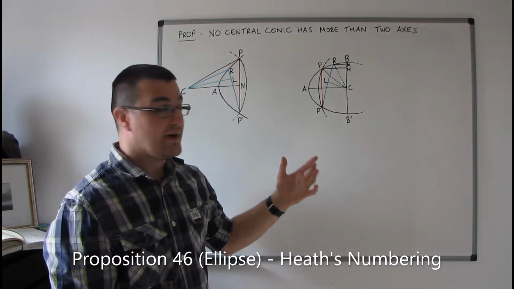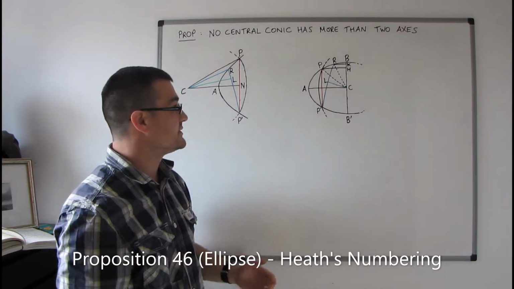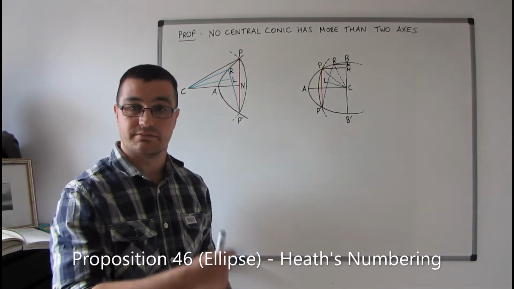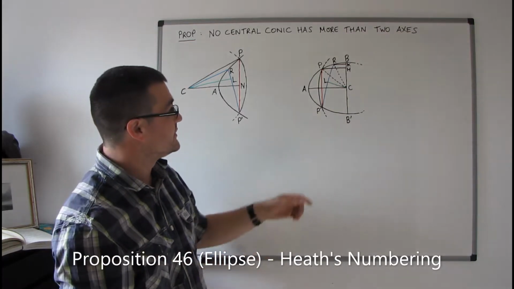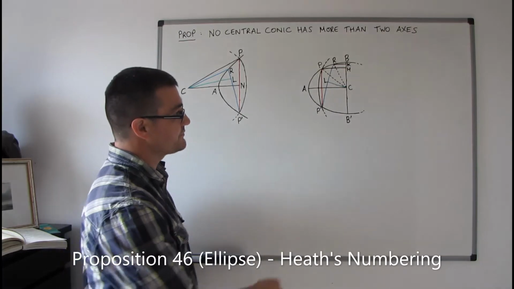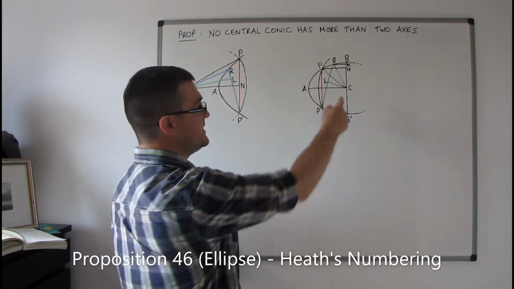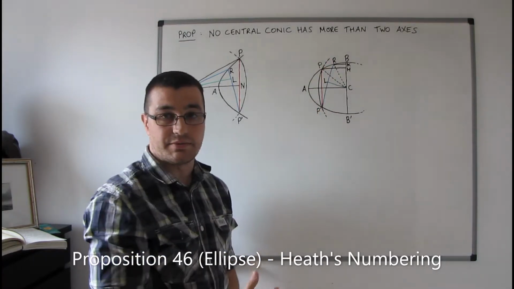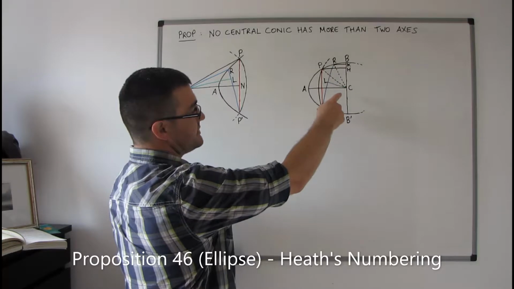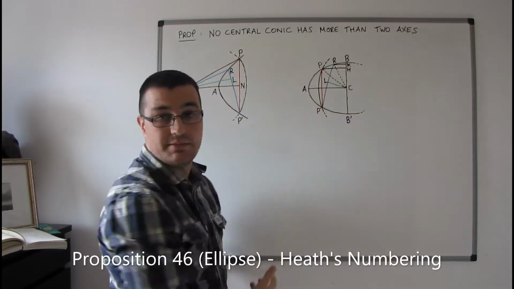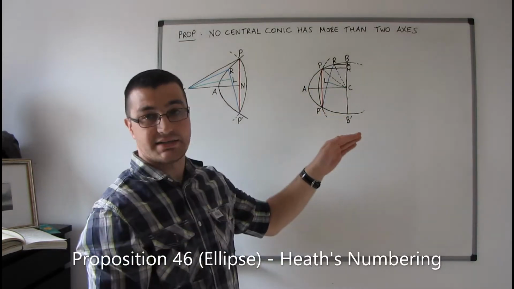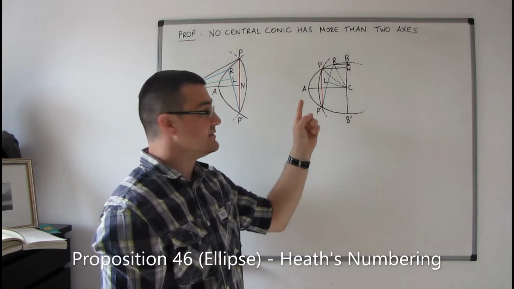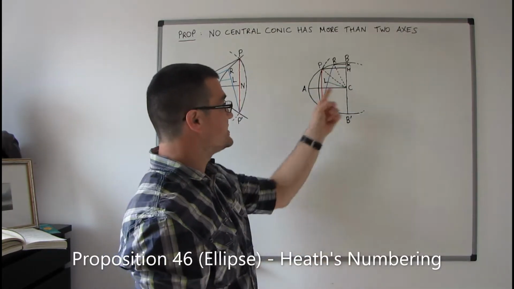Just as before, we find the centre of the ellipse using proposition 44, and we choose a point P on the circumference of the ellipse, and we draw a circle with centre C passing through the point P, and that will intersect the ellipse here at the point P primed as well. Join the points P and P primed, and find the perpendicular bisector of that chord, which makes this diameter indeed the major axis of the ellipse, AC.